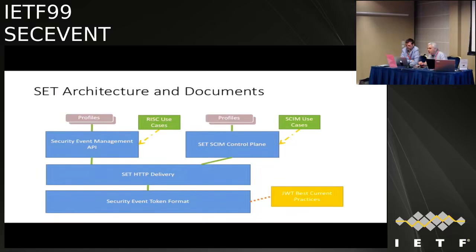At the bottom, we have the working group document, the SET format, which is related to the JOT best current practices that we're working on in parallel. On top of that, we have a single SET delivery over HTTP draft that will be presented today. And then we have two ways to manage those HTTP streams. One is with a REST API, and the other one is with SCIM.